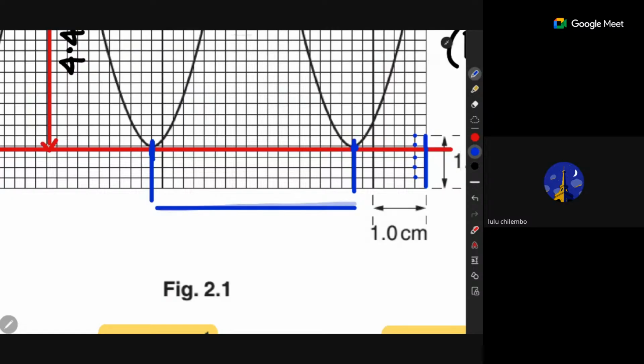This is one wave, and one wave comprises 1, 2, 3, 4, 5, 6, 7, 8, 9, 10, 11, 12, 13, 14, 15, 16, 17, 18, 19 small squares.